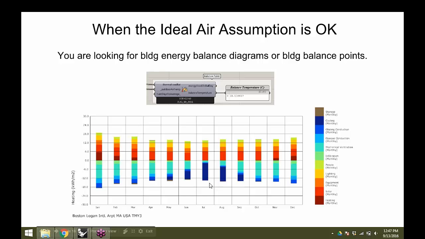Hopefully you've gotten a sense from last time how these visualizations of energy balance are helpful, and how they can lead you to say, okay, I want to change this strategy affecting the mechanical system rather than the envelope. The envelope's pretty good, and so forth. So when you're trying to generate these types of visualizations or get these types of numbers, the ideal air system is okay.